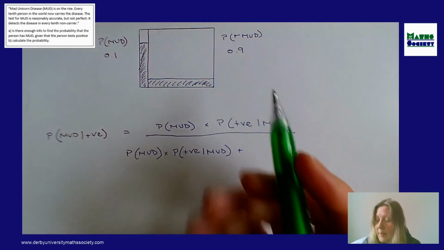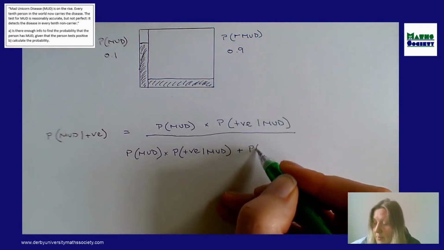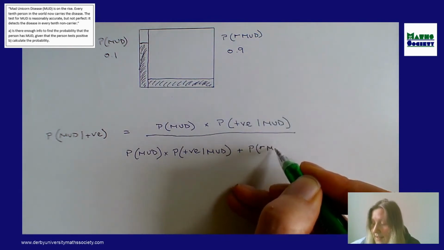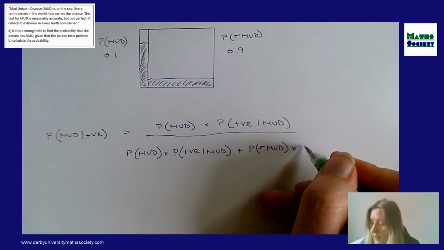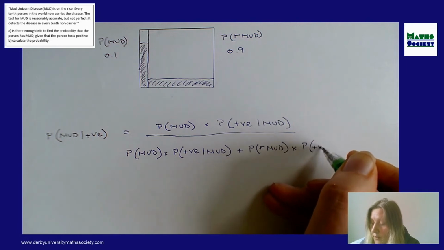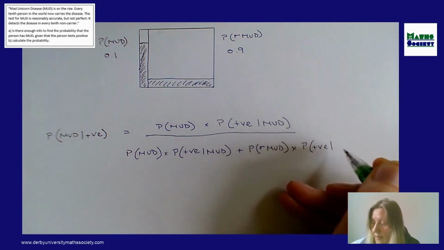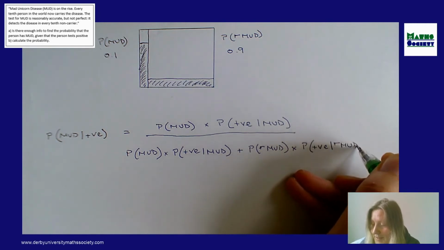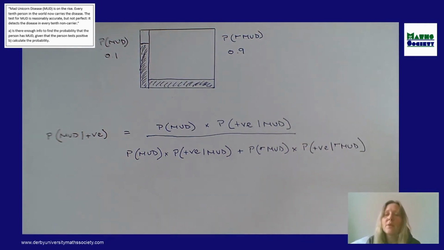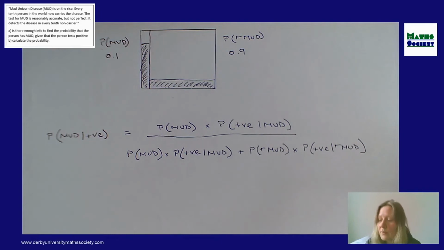So the probability of the people that don't have the disease, and then who test positive as well, given that they don't have MaD. That makes sense.